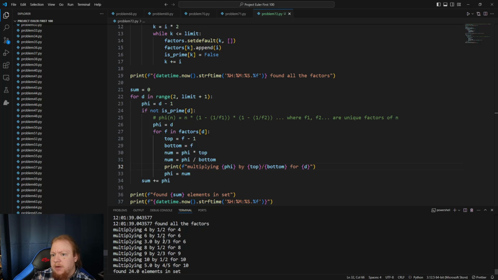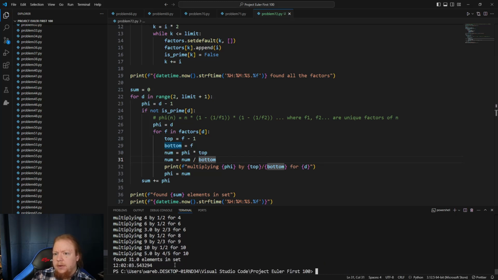Multiplying 6 by 1/2. Multiplying 3 by 2/3 for 6. There we go.